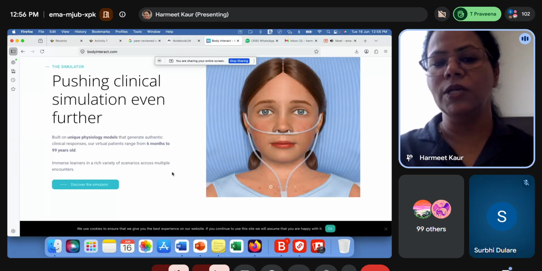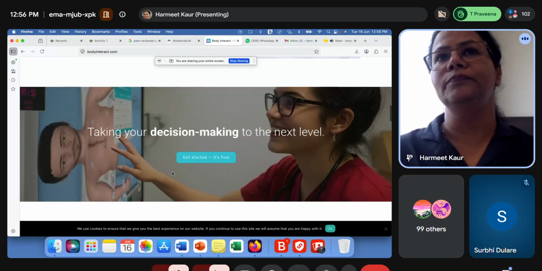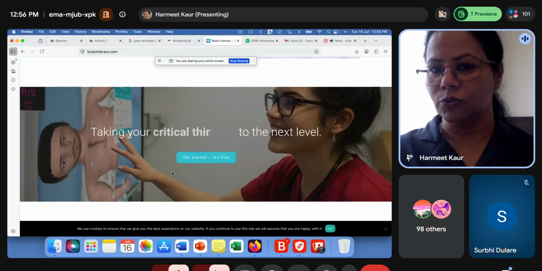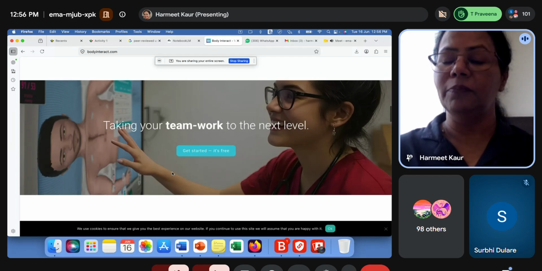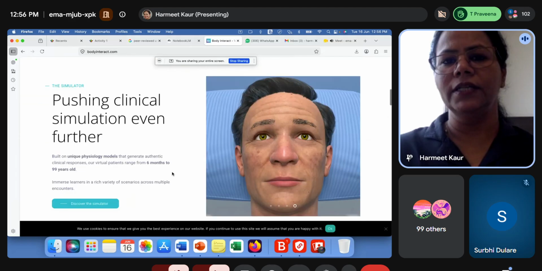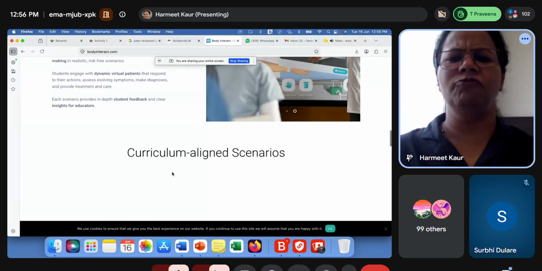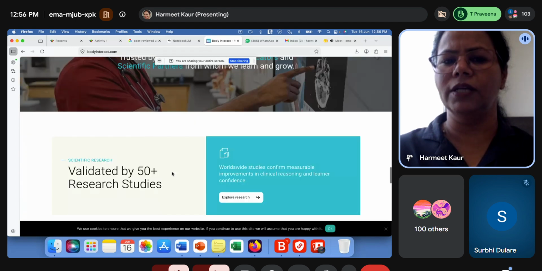So with this virtual simulation, the students can keep on doing it on their own pace also, and it helps in developing their critical thinking. So that is very important, that you should include something. Whatever you can do through your institution, you can just buy and do it.